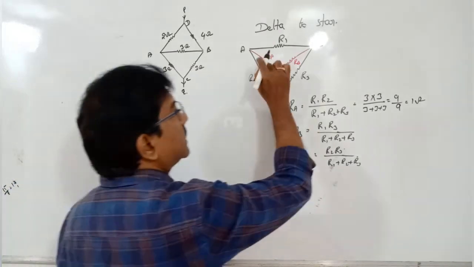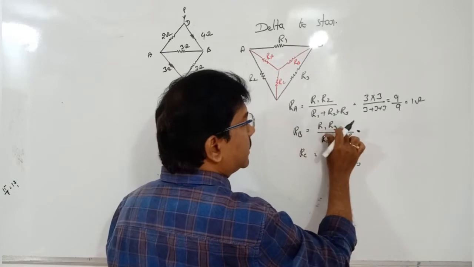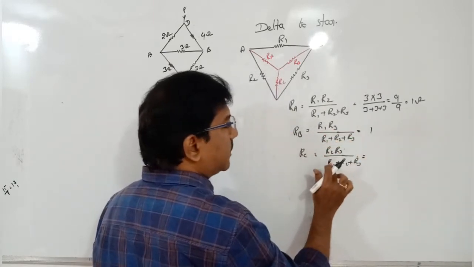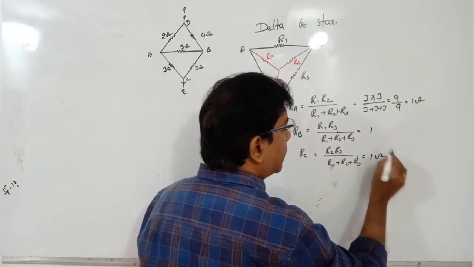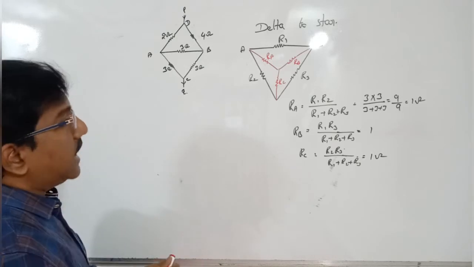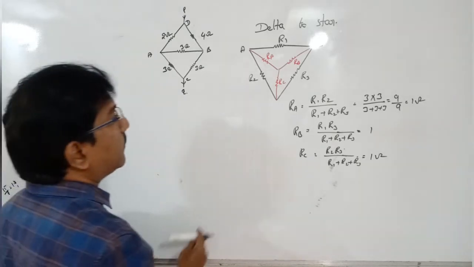That means this is 1 ohm. The same applies to the others: 3 into 3 by 3 plus 3 plus 3, 1. That means the star has the values 1, 1 and 1.